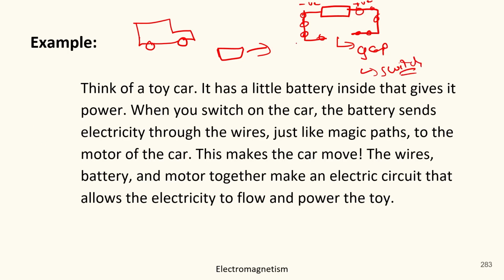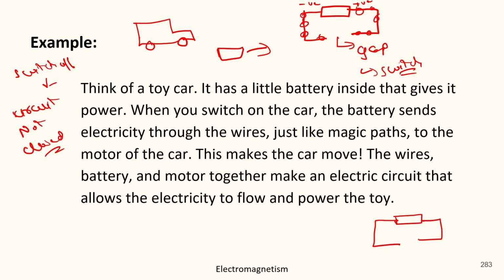When the switch is off, the circuit is not closed. As you can see, when the switch is off, the circuit is not closed. But when you turn on the switch, then the circuit is closed.